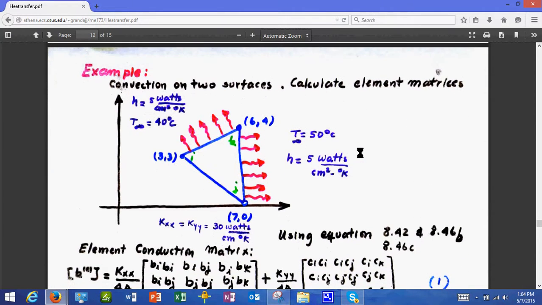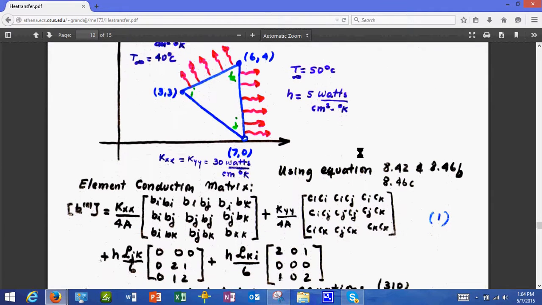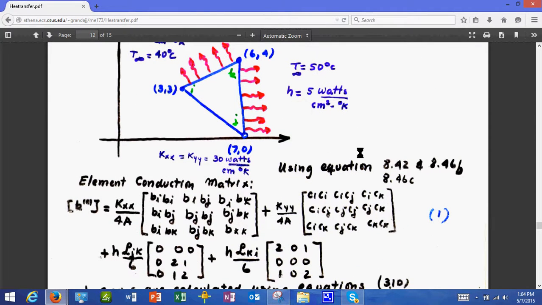Now, when you have an example like this, for example, you have a heat transfer problem that has a heat loss on two surfaces. You go back and use the same equation for the differential equations.